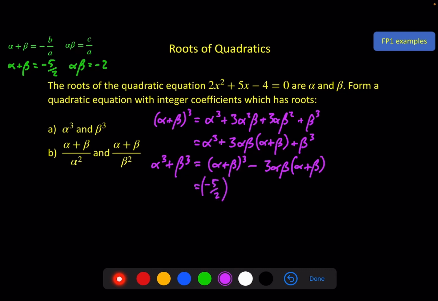We need to cube that, minus 3 times alpha beta, minus 2, and then alpha plus beta, minus 5 over 2. And that will give us minus 125 over 8 minus 15, minus 245 over 8. Now we also need alpha cubed beta cubed, and again this is a little bit easier.